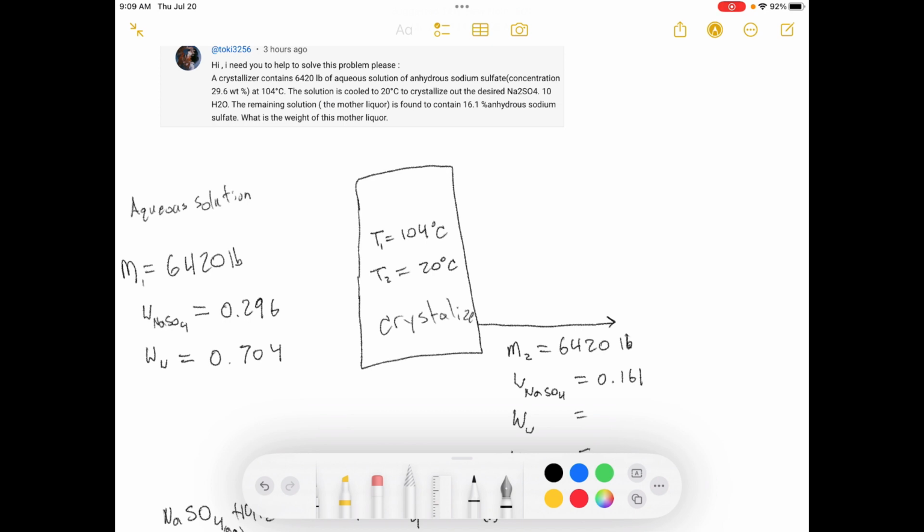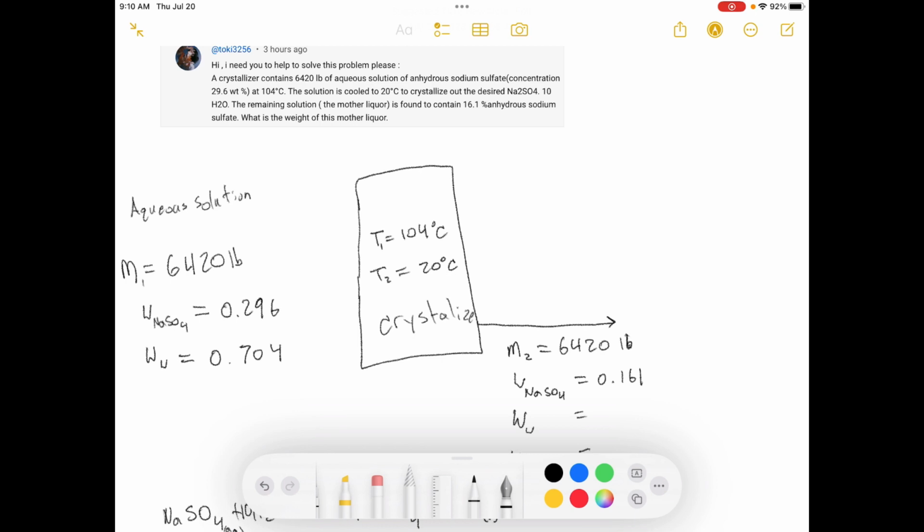So then they cool down the solution and some of the salt comes out, but the salt doesn't come out as anhydrous sodium sulfate, right? Because it's surrounded by water, it'll be another salt crystal. A lot of times I've seen these salt crystals almost sludge-like when they come out of solution. They're still solid, but they've got a lot of water trapped within the crystal. In this case they've got a ratio of 10 to 1.